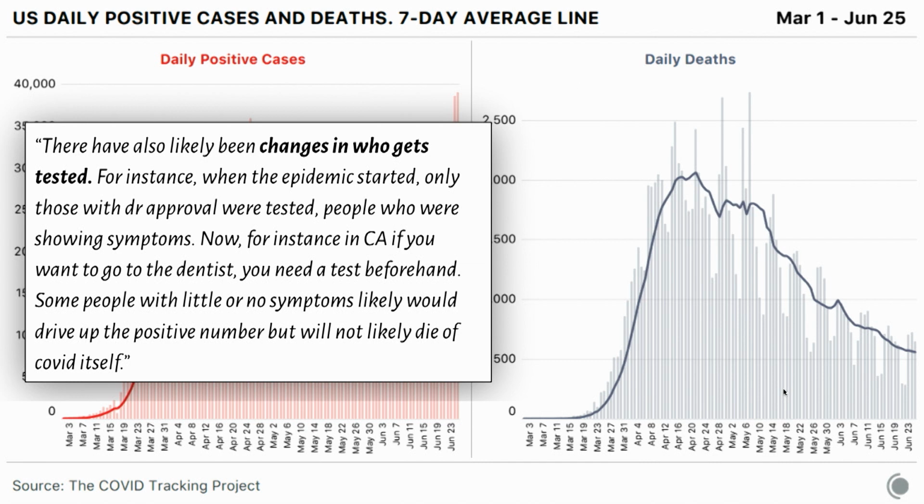So for instance, people were, again, questioning whether counting cases was a fair thing to do, because as the pandemic progressed, we got better at counting cases, right? There were more test kits available. There were more requirements on when you should test, like going to the dentist. If you wanted to go to the dentist partway through the pandemic, the only way you could do that is by getting tested.